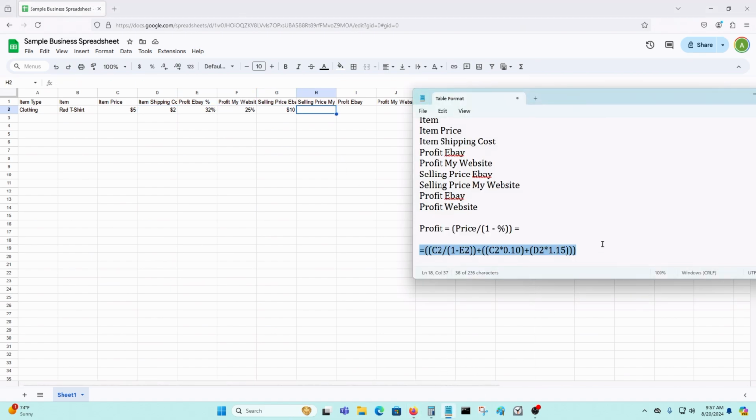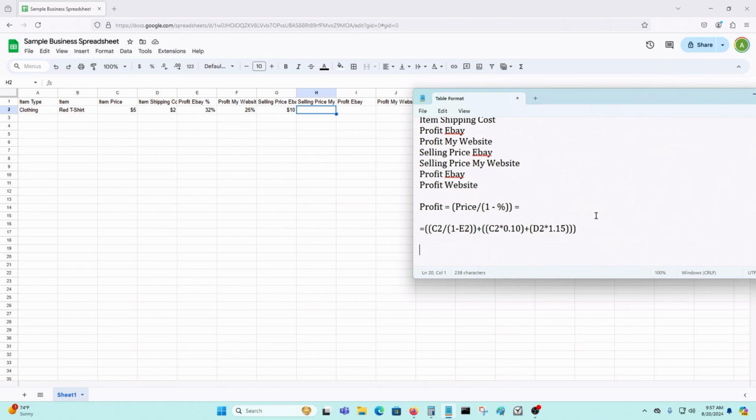On my website, how much would I be selling this for? Of course, I'm using a different payment processor. My fee is about 3%, that's how much the payment processor charges me. So I would have to add 3% onto the cost. Okay. That would be C2 divided by 1 minus parentheses. For my website profits, it's F2 this time, which is here, F2 for my profit for my website.